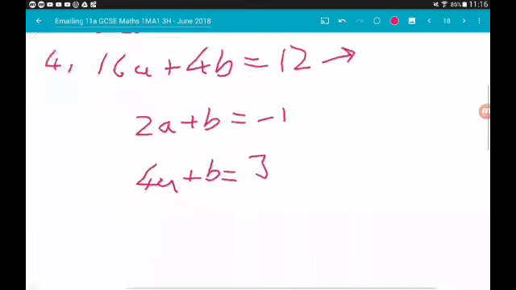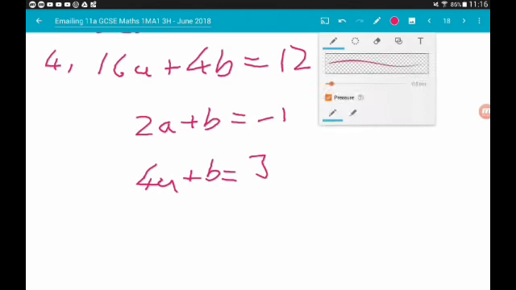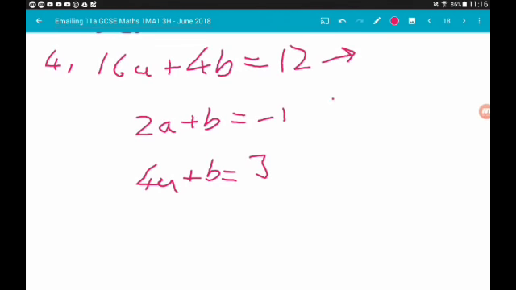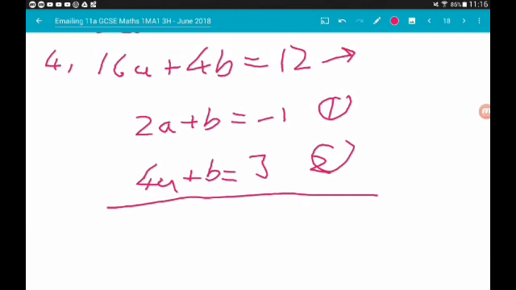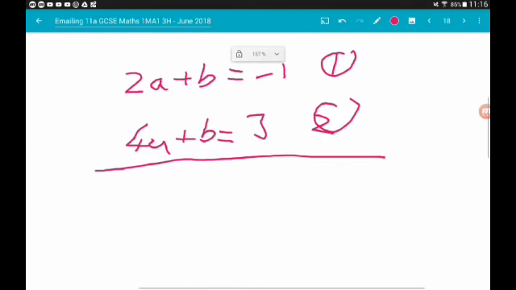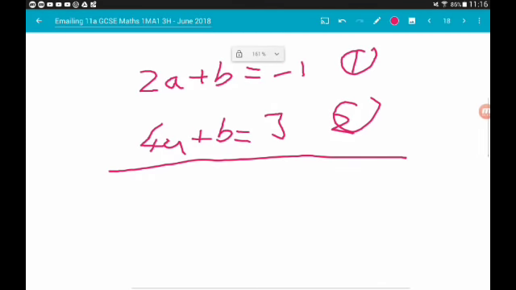Okay, so let's call the top equation 1 and the bottom equation 2. Both of these have a single positive b in them, so we can get rid of that nice and easily by doing equation 2 minus equation 1.